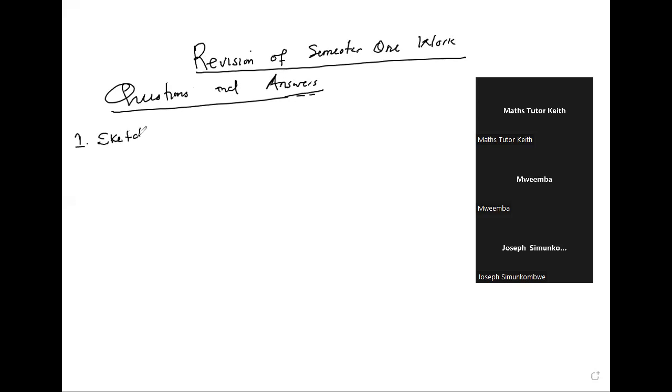So sketch f of x is equal to x plus 3 over x minus 5 and x plus 5. Let's do the one on top here, which will require us to equate the... I think that's why there were issues there.